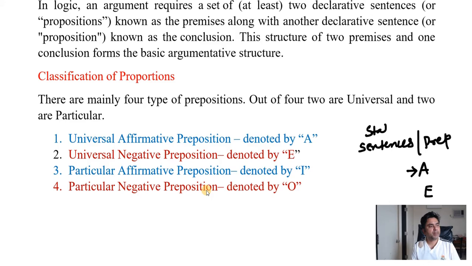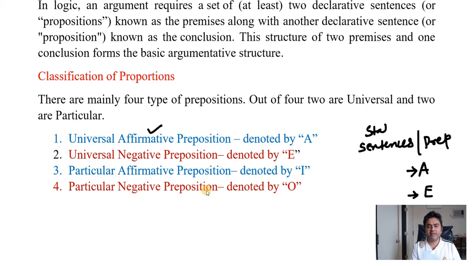Why is it affirmative? Because you are talking something positive. Then E is the universal negative proposition; again it includes all, but you are putting some negative connotation into the sentence.